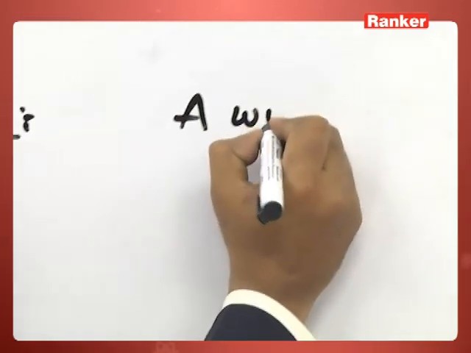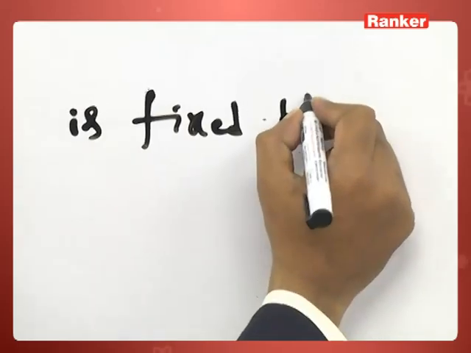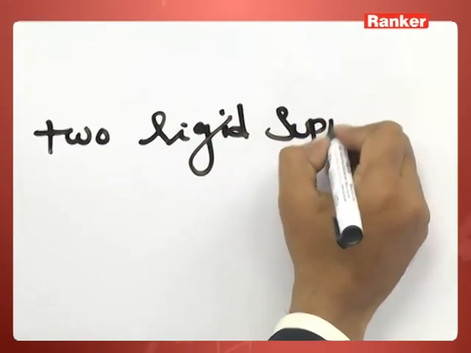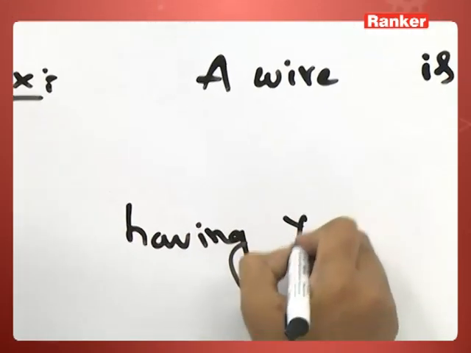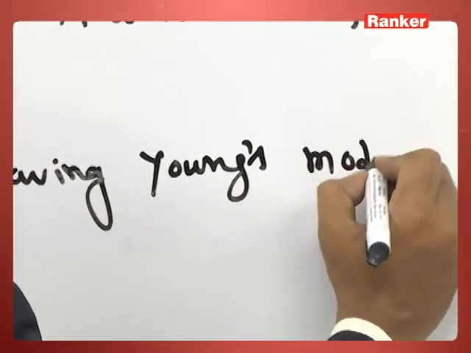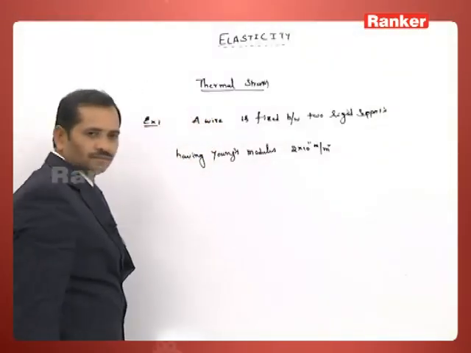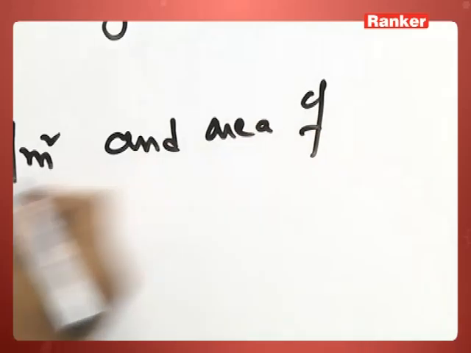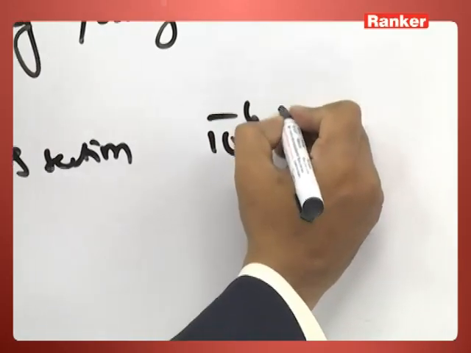A wire is fixed between two rigid supports, having Young's modulus 2 into 10 power 11 Newton per meter square and area of cross section 10 power minus 6 meter square.